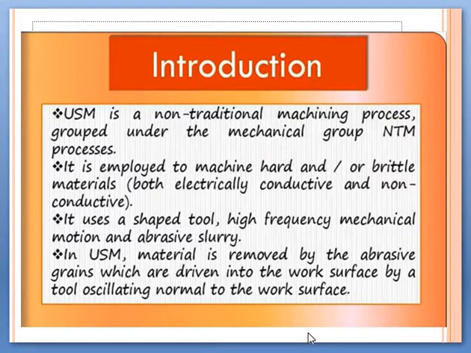Ultrasonic machining uses a shaped tool, high frequency mechanical motion, that is vibration, and a slurry of abrasive. Material is removed by the abrasive grains, which are driven into the work surface by the tool oscillating normal to the surface of the workpiece.